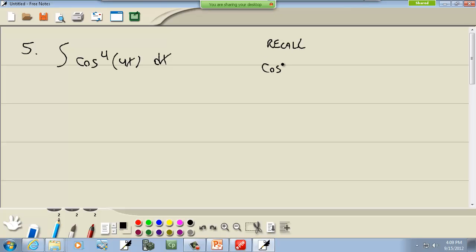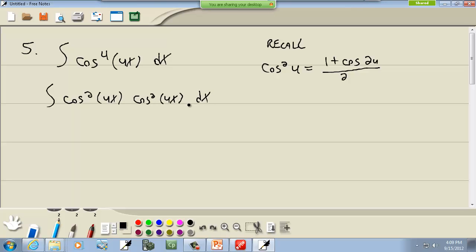Recall cosine squared u is equal to 1 plus cosine 2u over 2. Now this one I could rewrite, because it's cosine to the 4th, it's not cosine squared, but we could rewrite it as cosine squared 4x times cosine squared 4x. And now each one of those, this would be our u, so we can rewrite it with this formula.